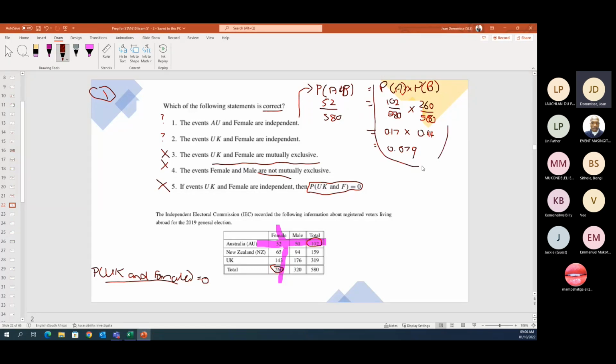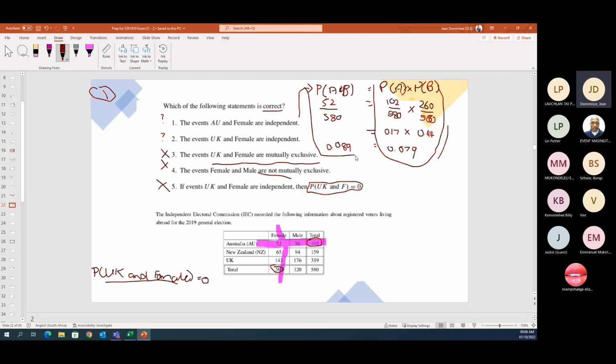So we've worked out this side, and the answer is 0.079. So if we say 52 divided by 580, we get 0.089.